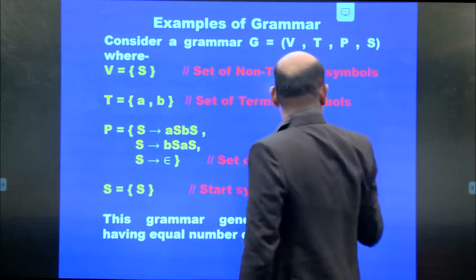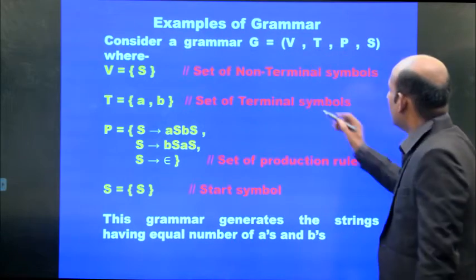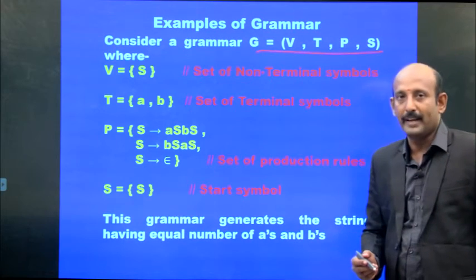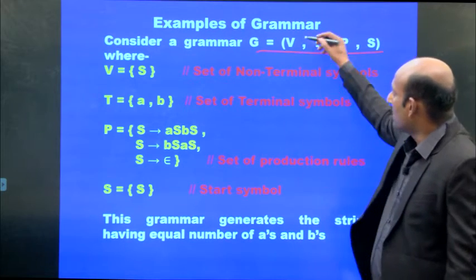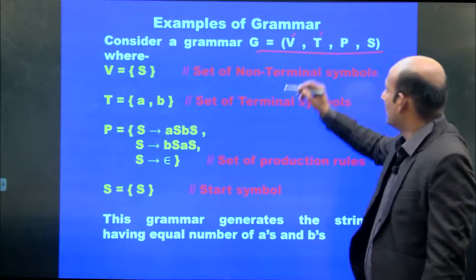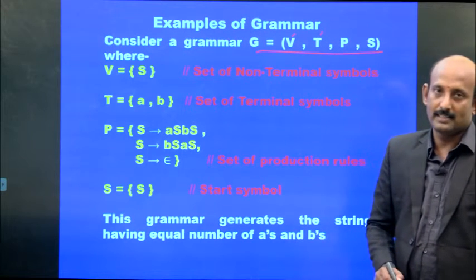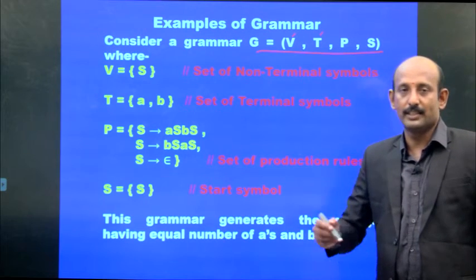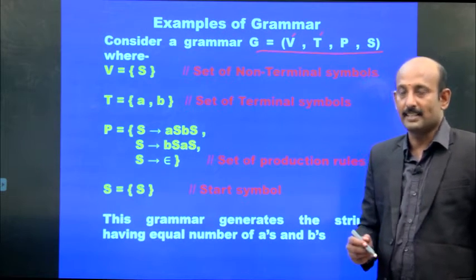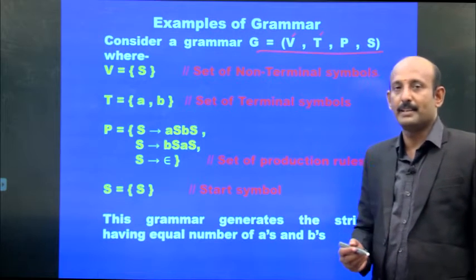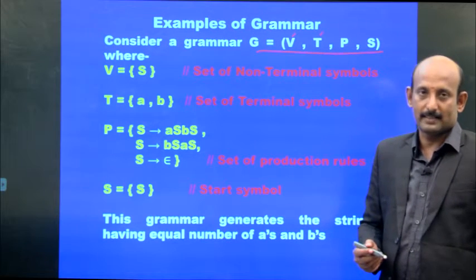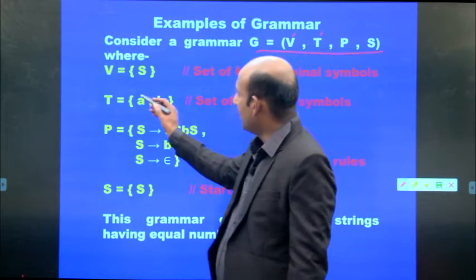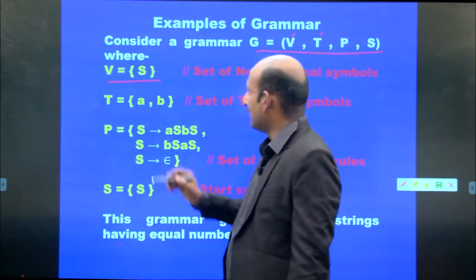Take the given grammar G equals V, T, P, S. By now we know what variables and terminals are. V stands for variables, which are always written in uppercase letters. Terminals are always lowercase letters. So let's take this given grammar, where the variable equals S.